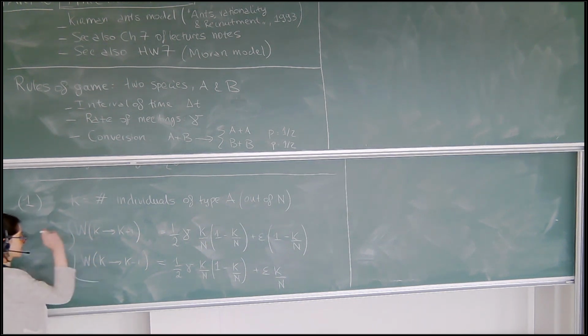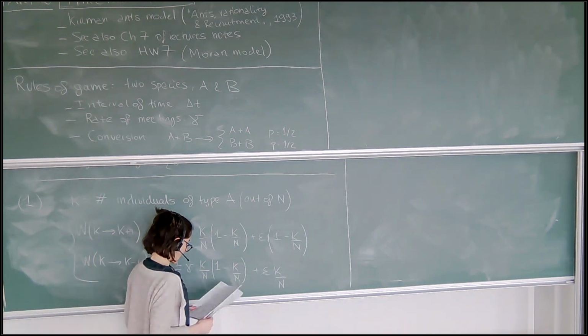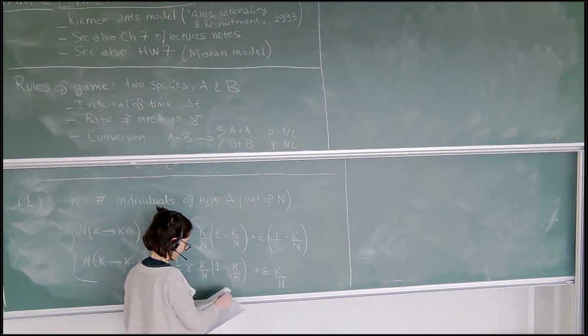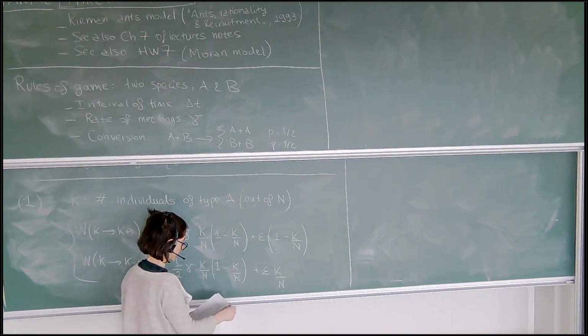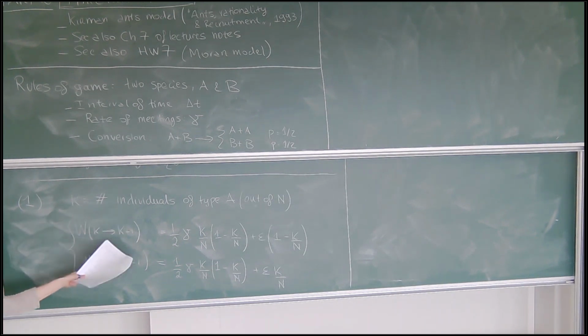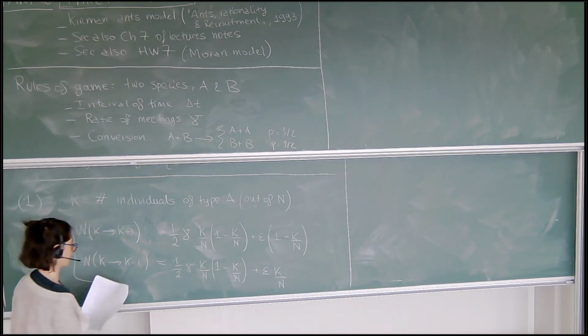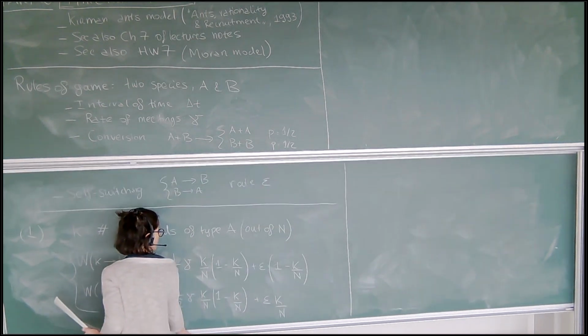Okay, so this is essentially what encodes the dynamics of your model in a small interval dt. And now from here, what we want to do is, if you have these rates, you can write down some generic master equations for the behavior of your probability.